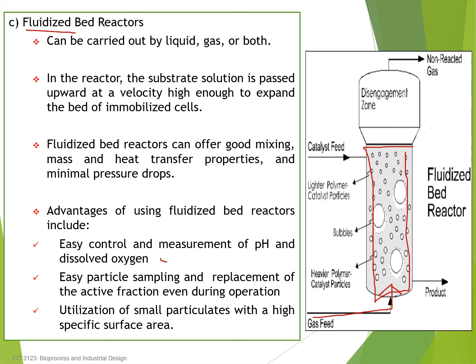So it is easier to control, and also the measurement of pH and dissolved oxygen is easy. Okay, so the mixing is good. It offers good mixing and also mass transfer based on the movement of the gas. Minimal pressure drop.